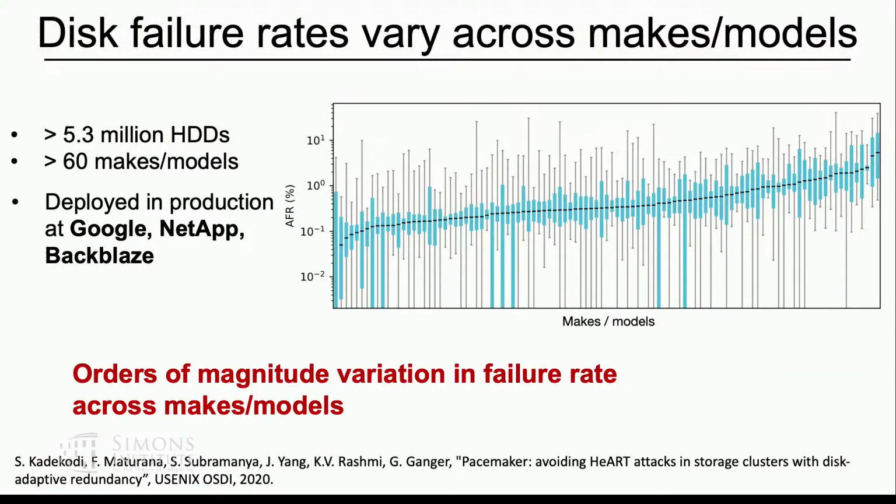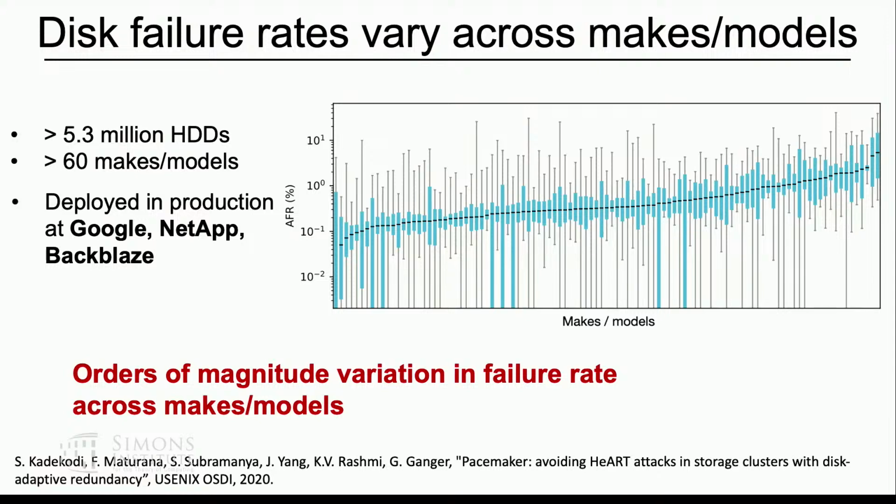On this plot, on the y-axis, you see AFR, the annualized failure rate. On the x-axis are different make models, which correspond to different vendors for hard disk drives and different batches. What we observed is that the failure rates across these different make models vary by orders of magnitude.